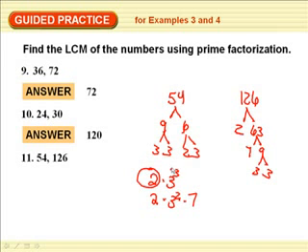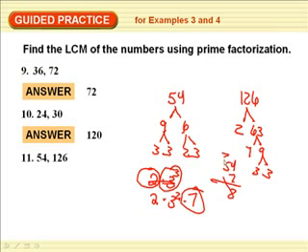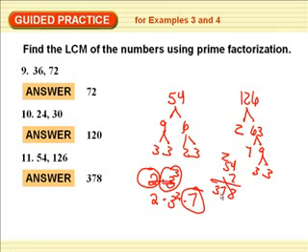So the 2 wins, this one wins, this one wins. That's equal to 54 because it came from this number. 54 times 7, 378. And yes, it is.